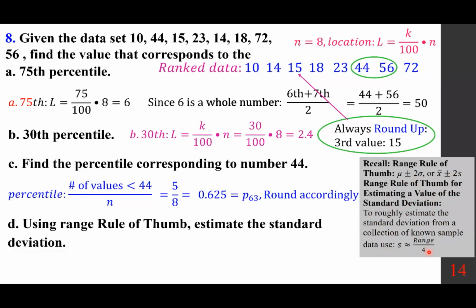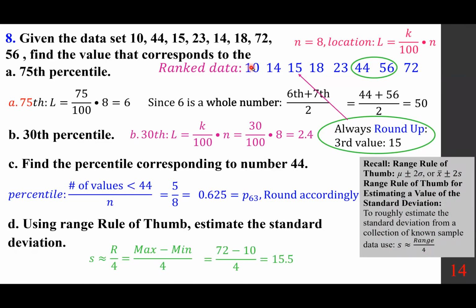And as you know, the range is max minus min. 72 minus 10 divided by 4. That means 62 divided by 4, and that's 15.5. That's how you find the standard deviation roughly from the data. Of course, as you know, you can calculate it using formulas, okay?